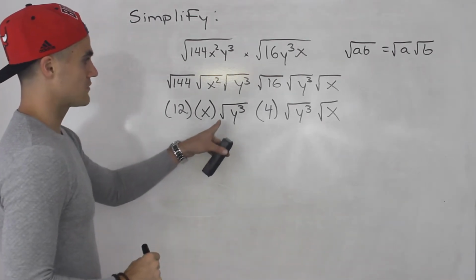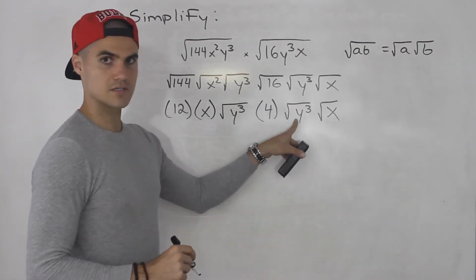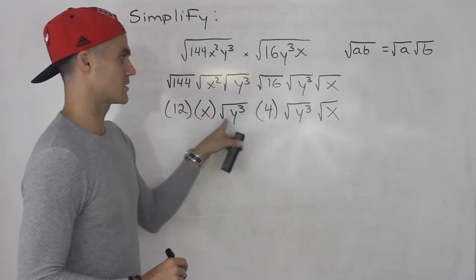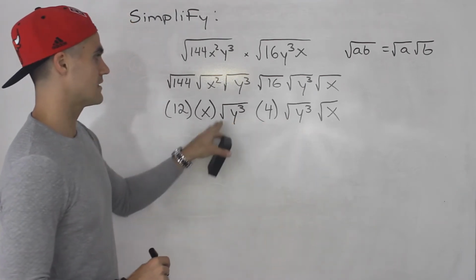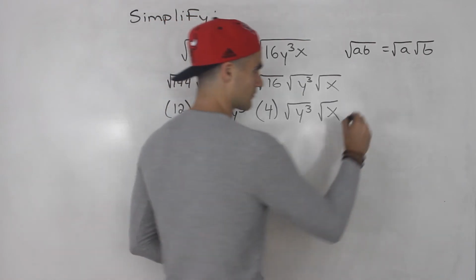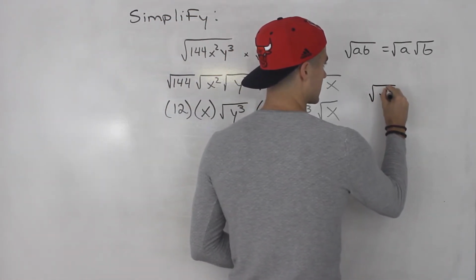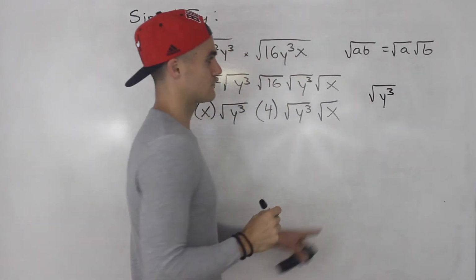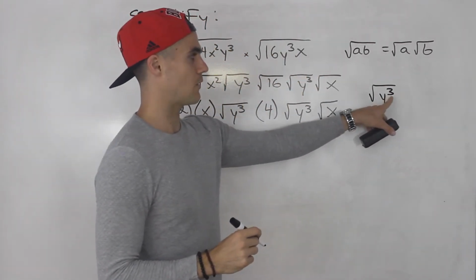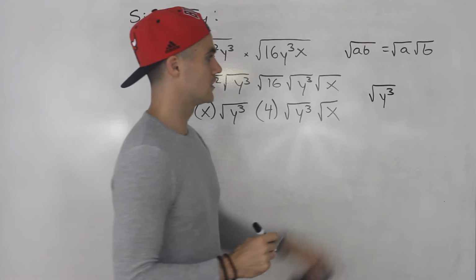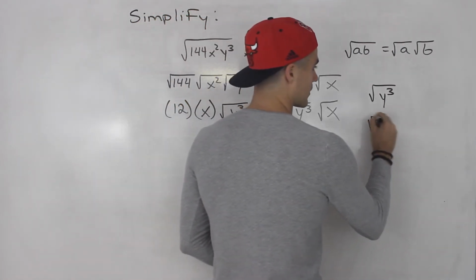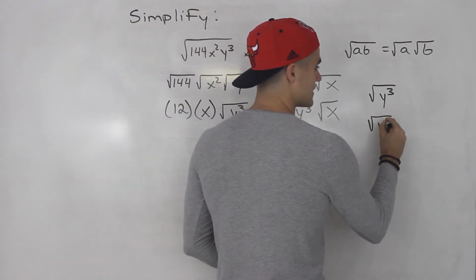Now, notice how we have the square root of y cubed times the square root of y cubed, so we know that's just going to be y cubed there. But let's say that wasn't there. I went over this in an example in the lecture videos. Basically, if you have something to the power of an odd number, you want to split that up into the highest even number you can.